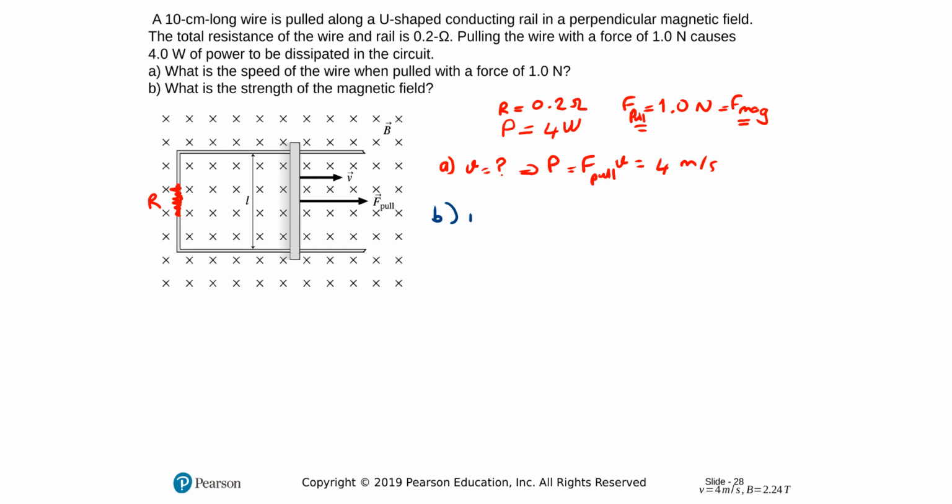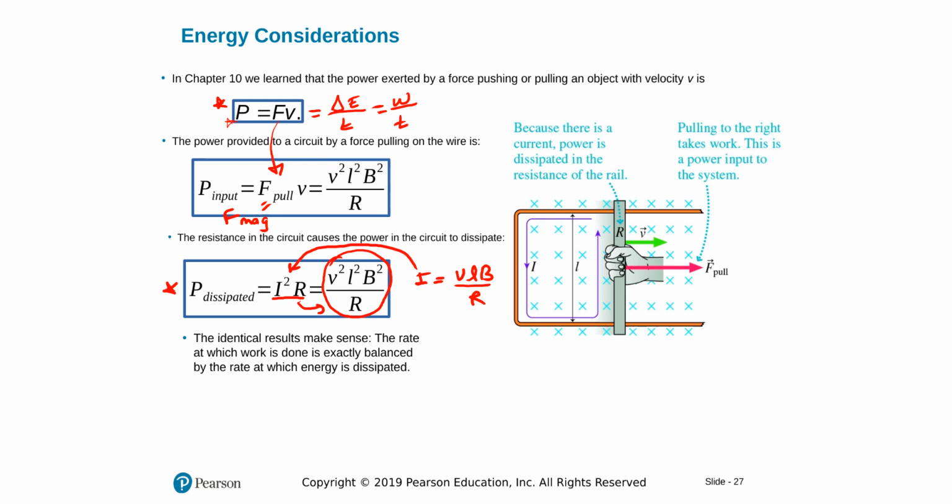B, what is the strength of the magnetic field? I could go here and use this equation that I don't really like. Power dissipated is equal to V squared L squared B squared over R, and solve for B. Or I can say, if power dissipated is this, I can get my current.